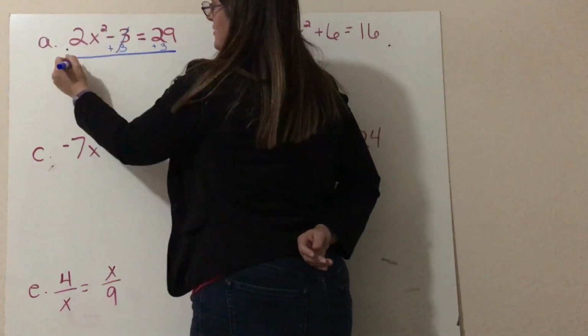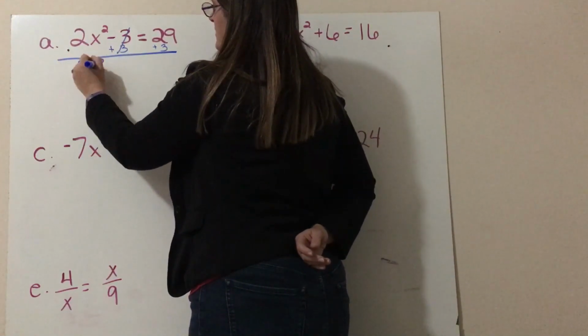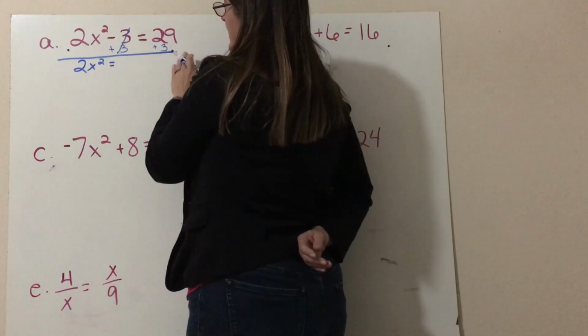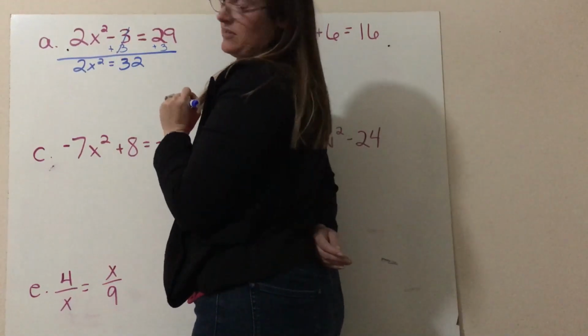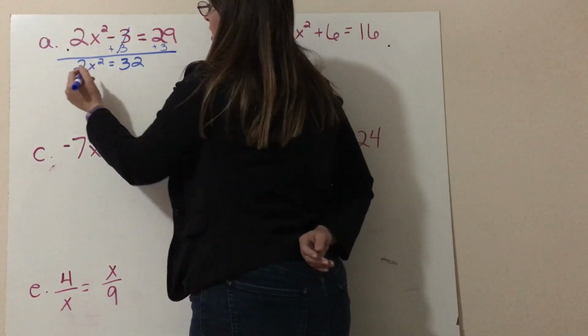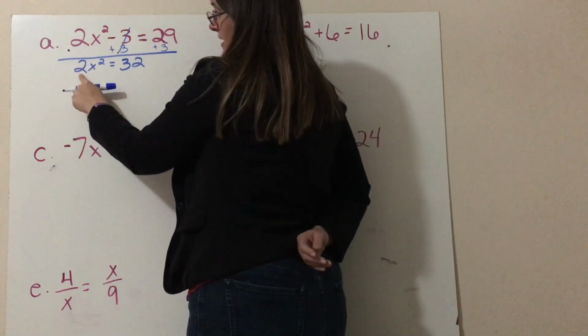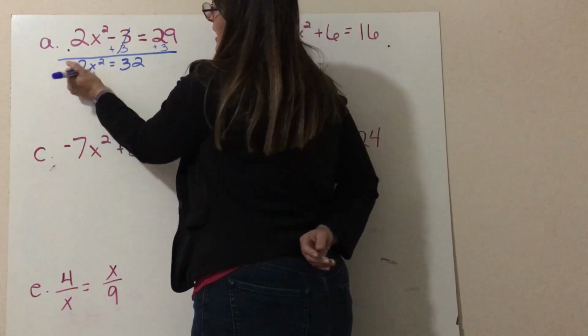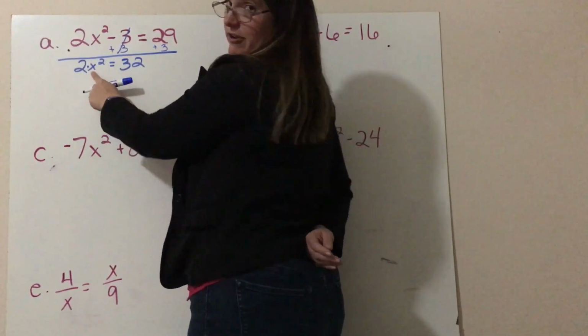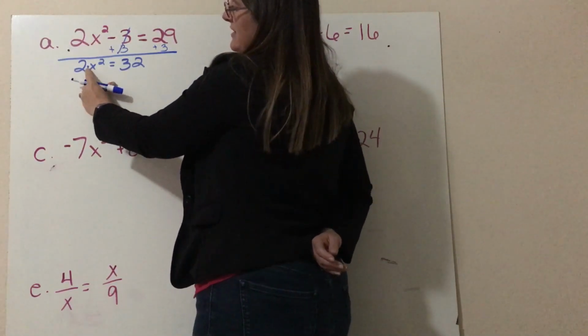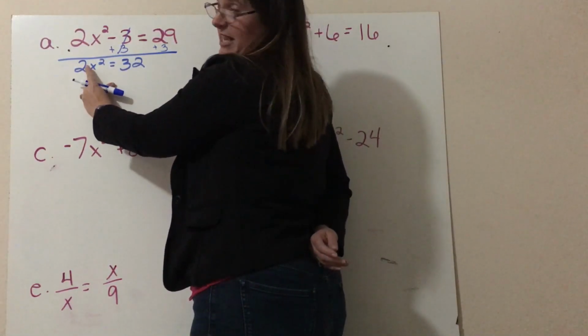So that cancels, and we get 2x squared equals 29 plus 3. That's going to give us 32. Okay? So now we want to get rid of times 2. Anytime we have a coefficient, this number in front of a variable, really there's kind of an invisible multiplication sign in there.